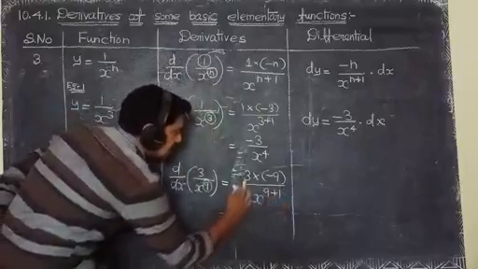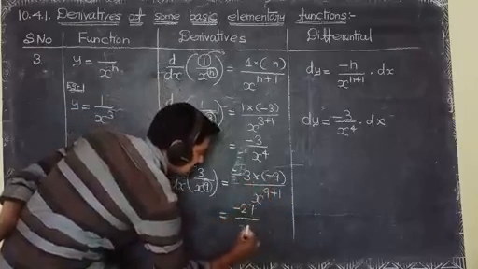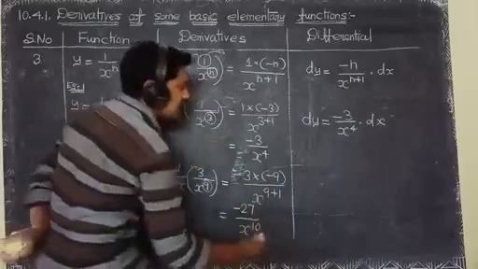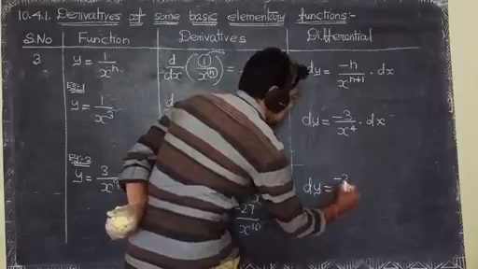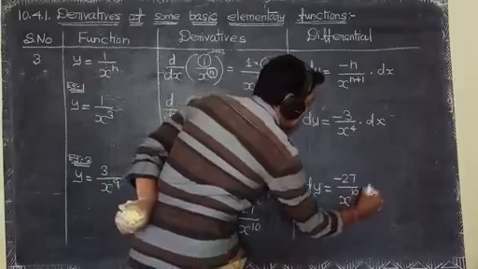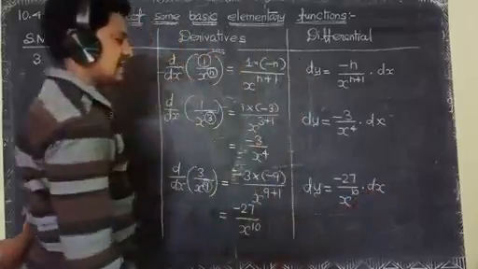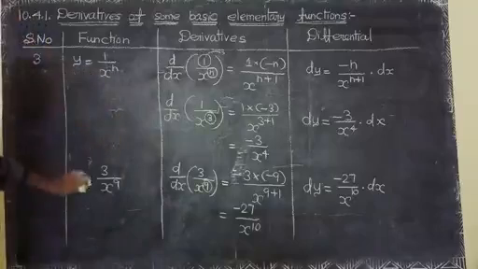That is 3 into minus 9, which is minus 27 divided by x power 10. Then the differential is dy equal to minus 27 divided by x power 10 into dx.